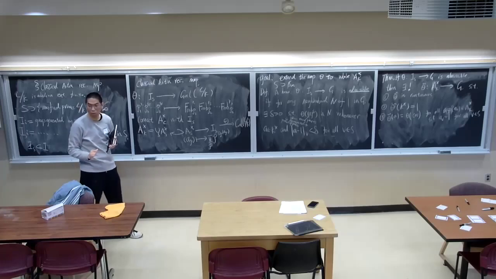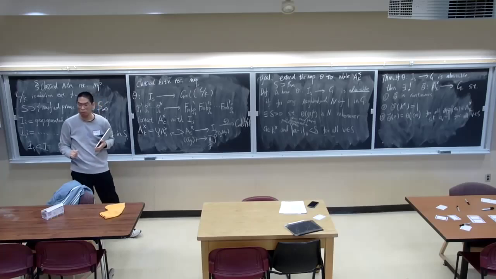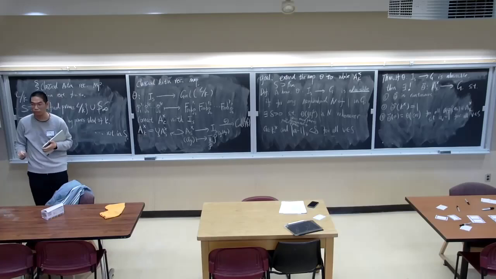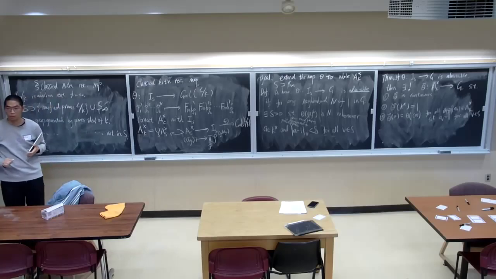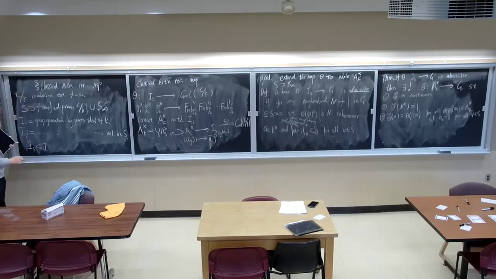I guess the question is, if I have an element X which is ramified in X, so it's not in any of the A_S crosses, then how am I defining theta? Because I can't put X into any I_S. Okay, so let's do this. Let's say this is S tilde.